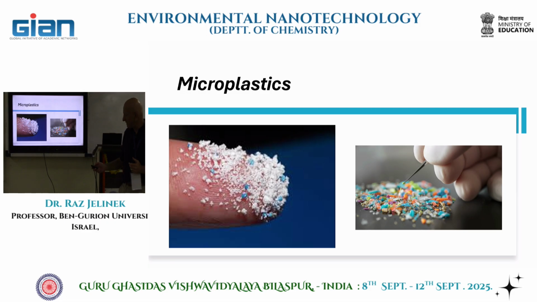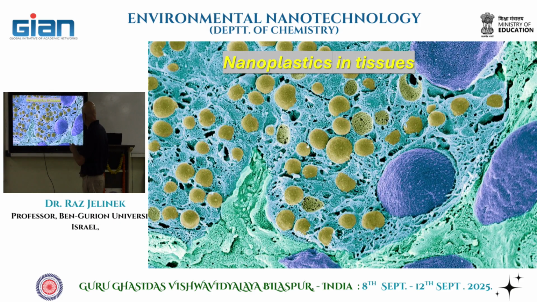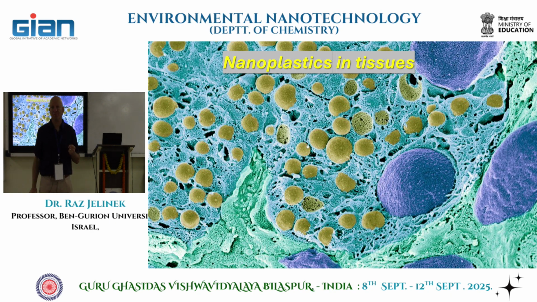People found plastics, for example, in tissues. This is a microscopy image of a tissue from some animal. And you see, this is the tissue. These things are microplastic particles.